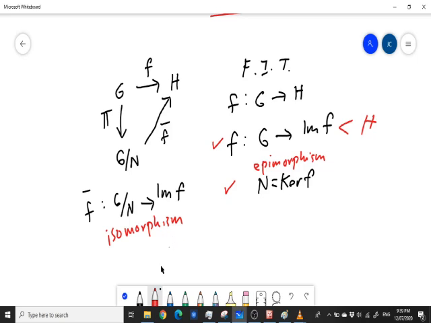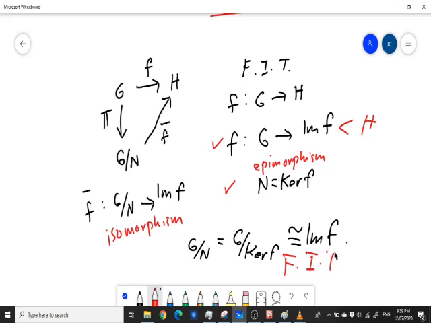So therefore, it is an isomorphism: G mod the kernel of f is isomorphic to the image. And this is the statement of the fundamental first isomorphism theorem.